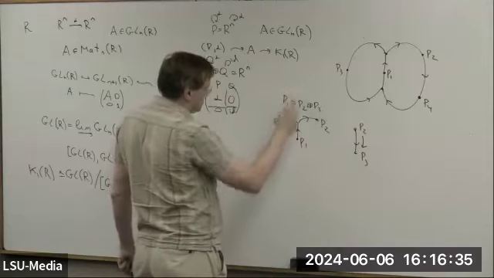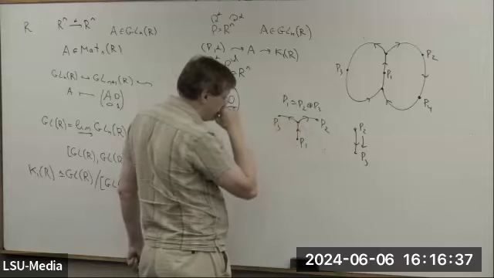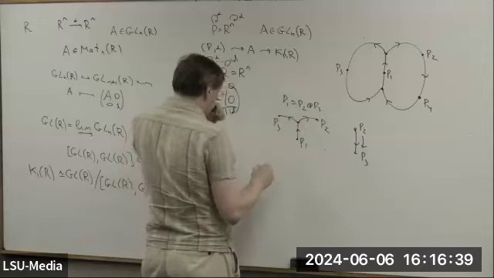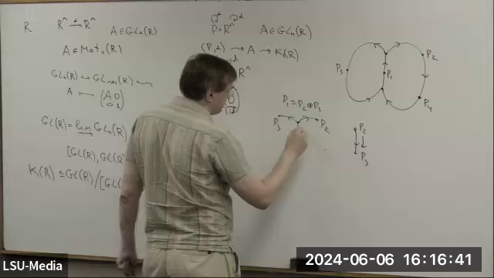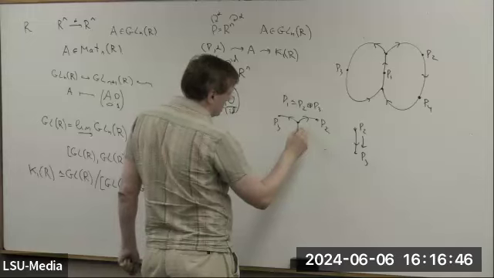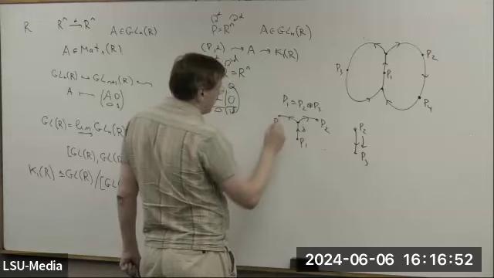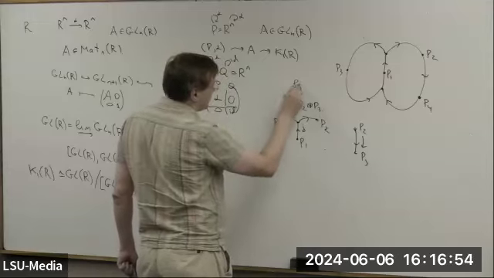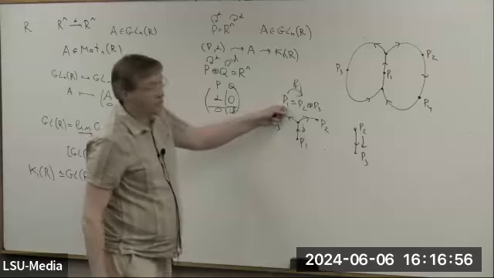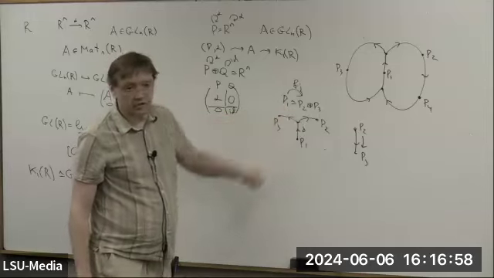So let me call this, for every piece J, I have an isomorphism F sub J, from 1 or 2 projective modules to 1 or 2 projective modules.